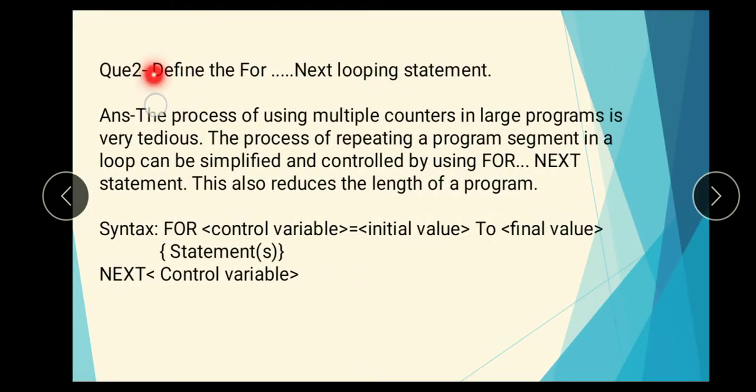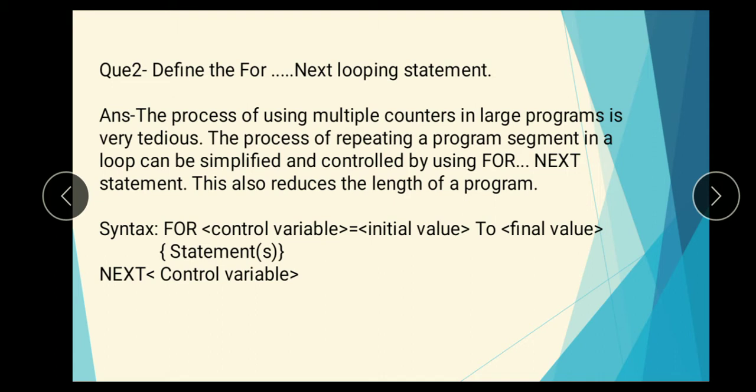Second question, define the for next looping statement. The process of using multiple counters in a large program is very tedious. The process of repeating a program segment in a loop can be simplified and controlled by using the for next statement. This also reduces the length of a program.